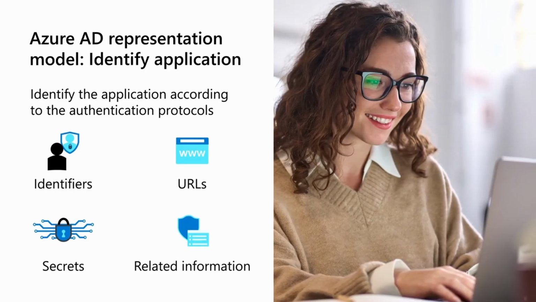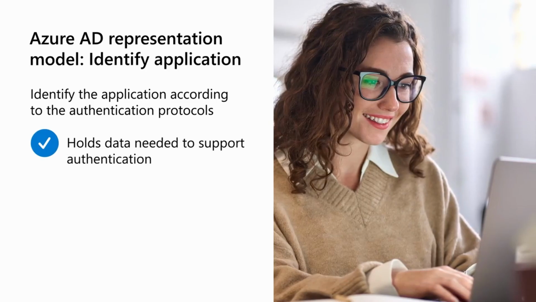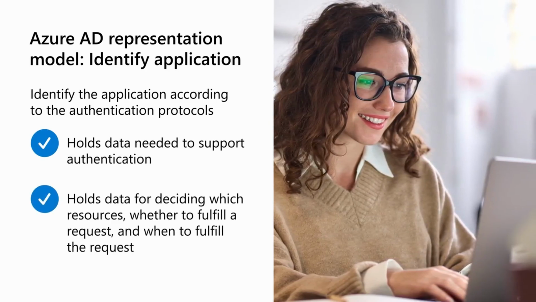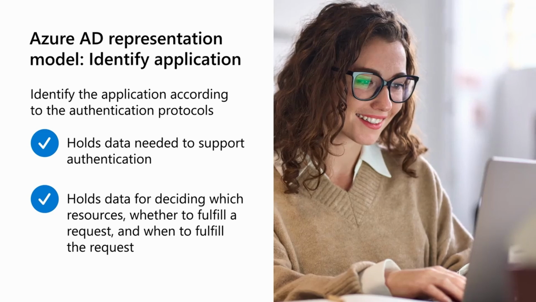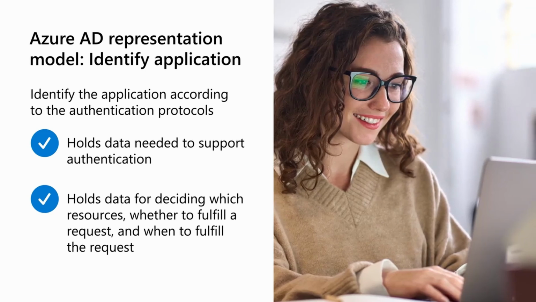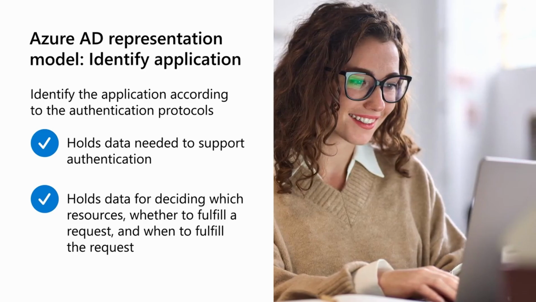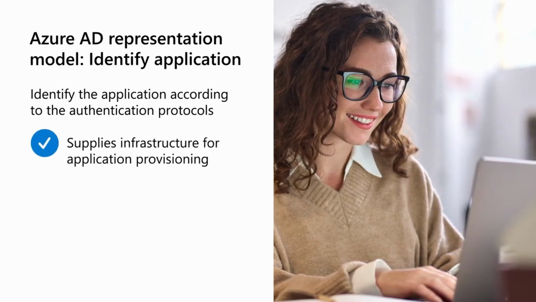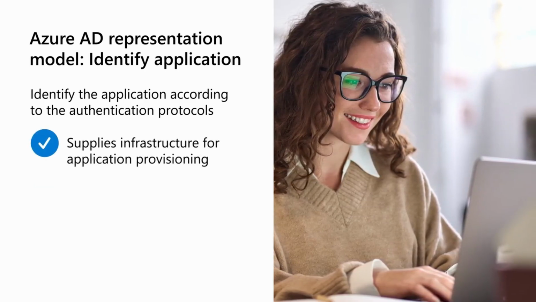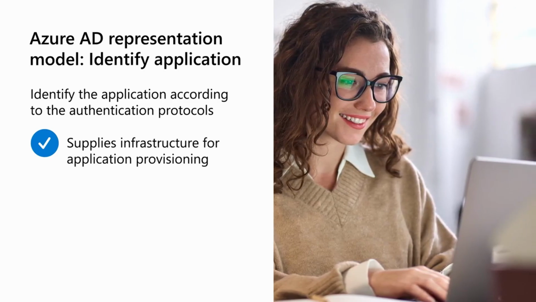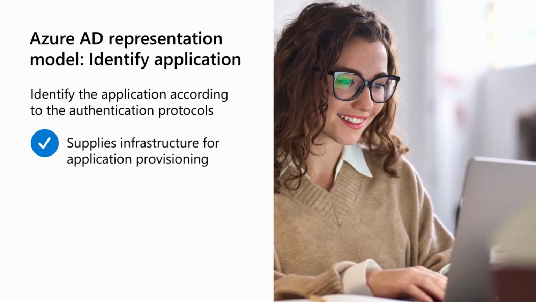Azure AD does the following: holds all the data needed to support authentication at runtime, holds all the data for deciding which resources an application might need to access, whether it should fulfill a particular request, and under what circumstances it should fulfill the request. It also supplies the infrastructure for implementing application provisioning both within the application developer's tenant and to any other Azure AD tenant.